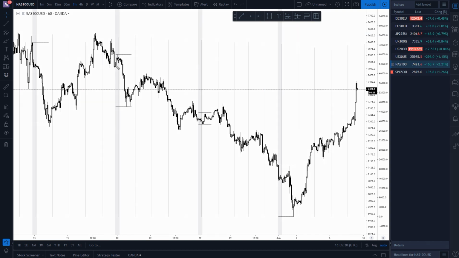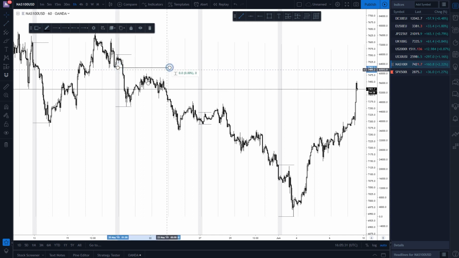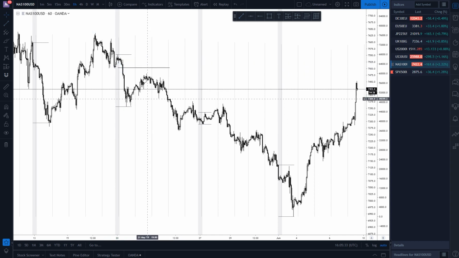The second week, we had a weekly open somewhere here, and price was immediately below, so you can say that shorting is more favorable in this case, as long as we stay below this line. The Monday range wasn't really of any use. I didn't want to show you some perfect example in this video, because it really depends on the trading from week to week.